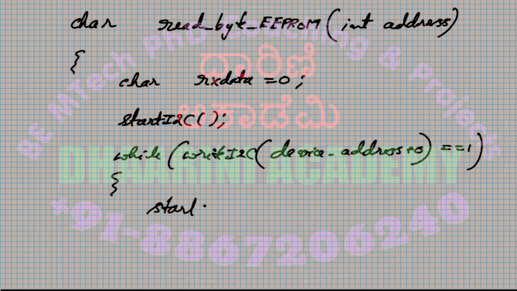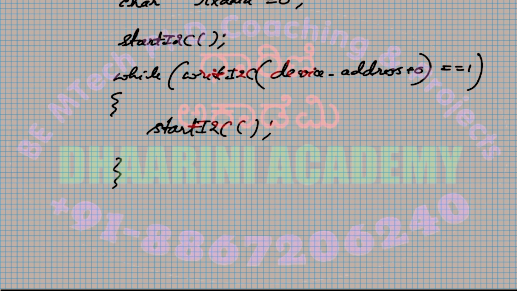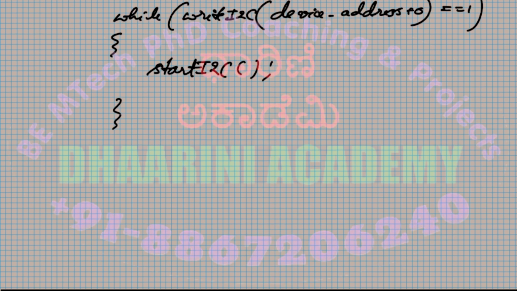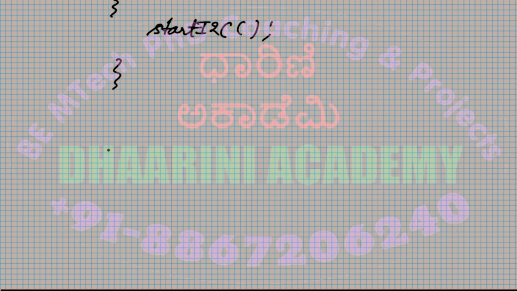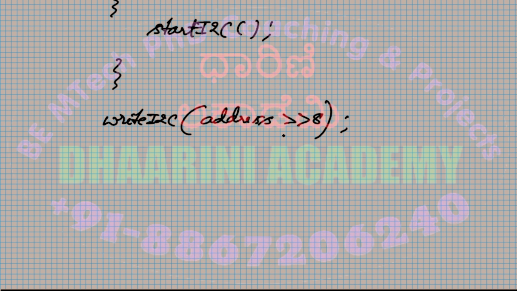So that is start I2C should be repeated, right? Once this is done, you pass on the address, correct? So that is write I2C of the address, 8-bit address, so you have to move it by 8 positions. So okay, that's the condition.